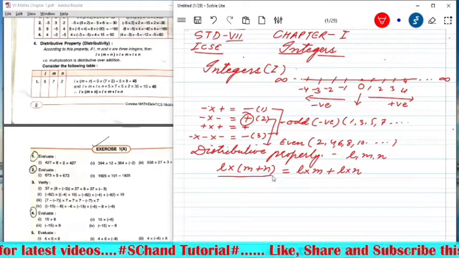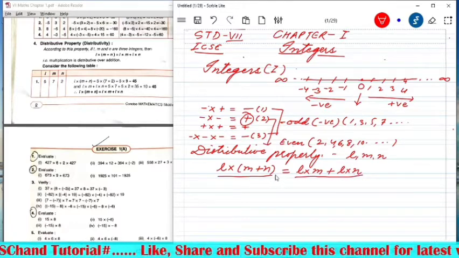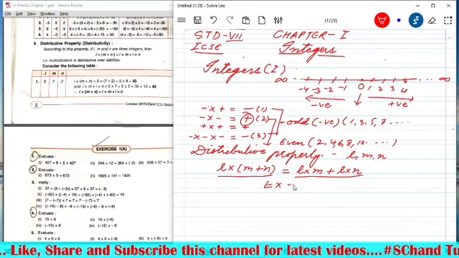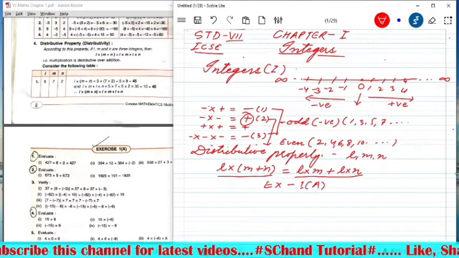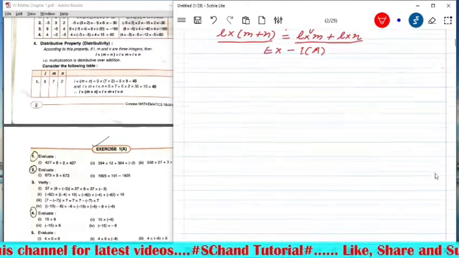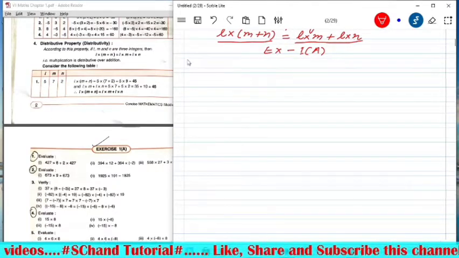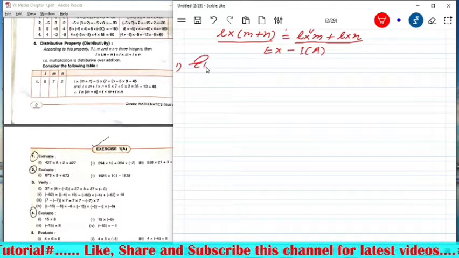This property is known as the distributive property. Based on this we are going to solve all the sums in exercise 1A. We have a very limited number of sums this time in our syllabus. So we'll solve question number 1, that is evaluate.